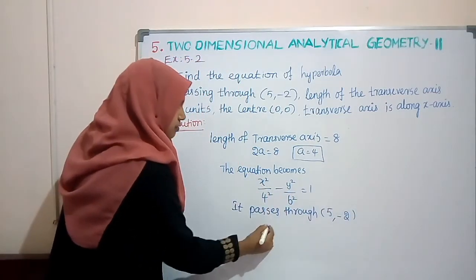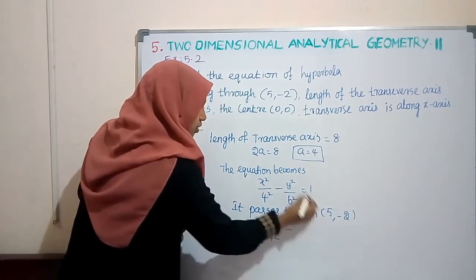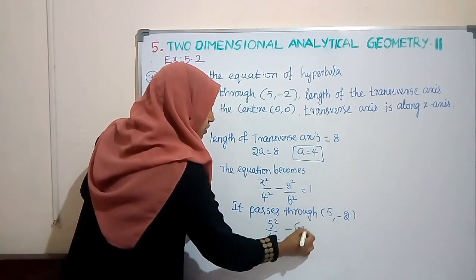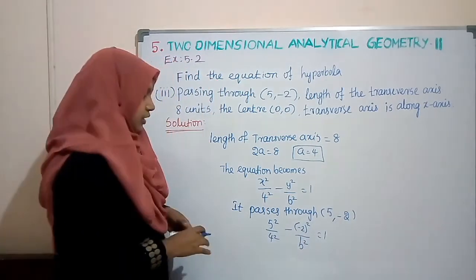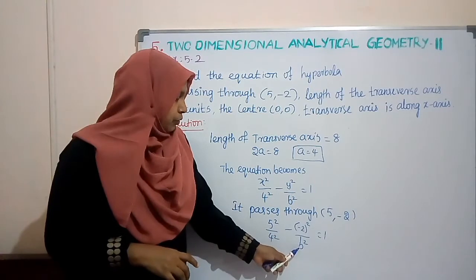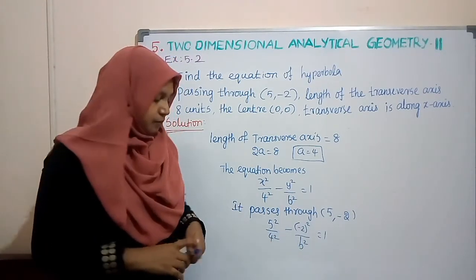X becomes 5 square divided by 4 square minus y square becomes (minus 2) the whole square by b square is equal to 1. So in this equation we have only one unknown value, that is b square. By simplifying this we can find b square.